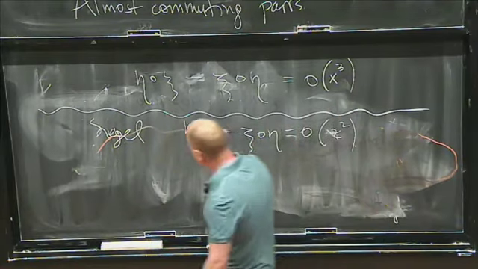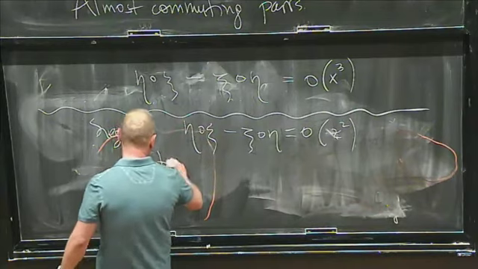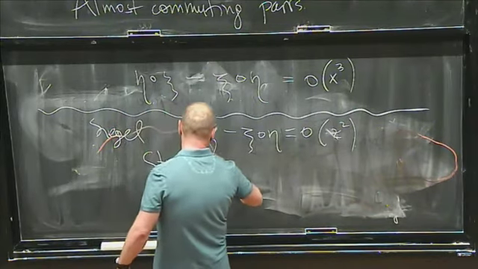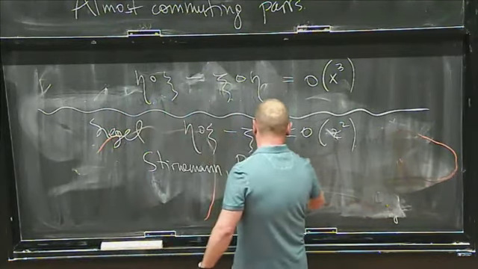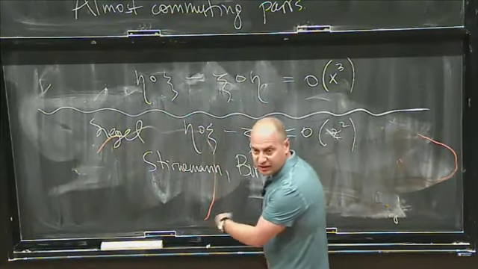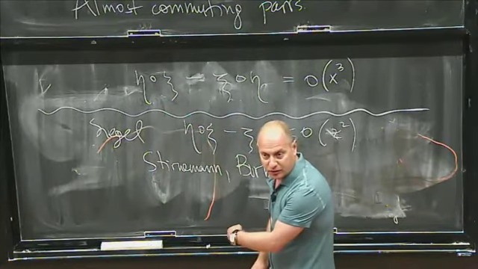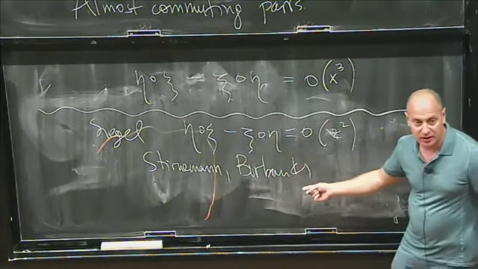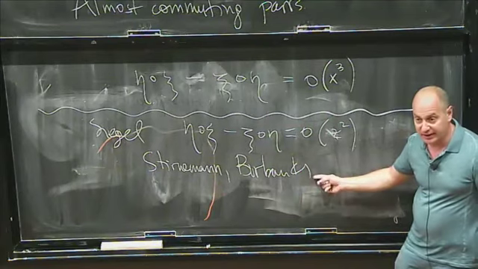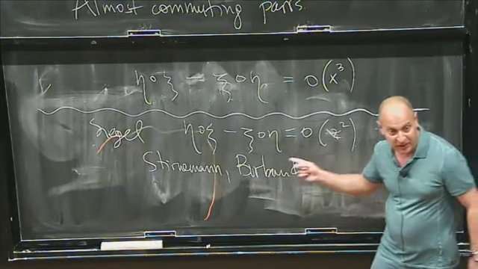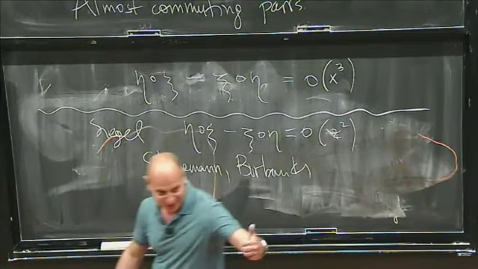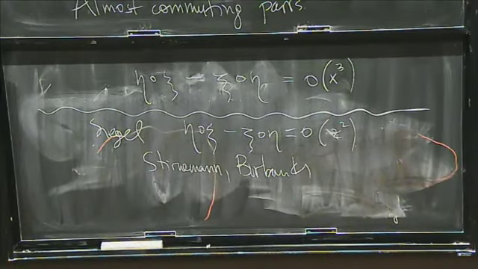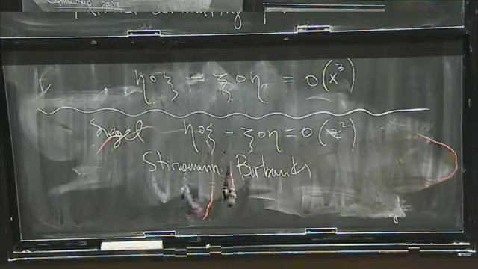And this was actually considered by Stirnemann and Burbanks. Well, one was an advisor and the other was a student. I don't know which is which. But they did numerics in the early 1990s with pairs with this commutation condition, and saw numerically, for Siegel disks, hyperbolicity.